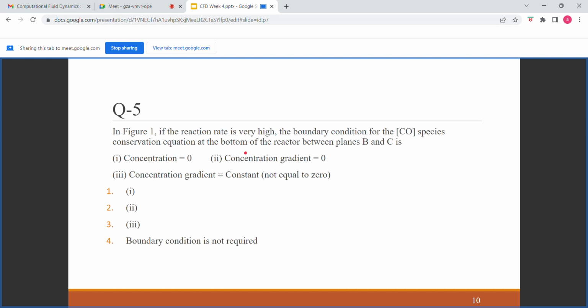Other things like concentration gradient is 0 or constant do not come into the picture, because at the bottom of the reactor between planes B and C the catalyst is present. So the boundary condition obviously does not come with carbon monoxide. So concentration is equal to 0. So the answer to this question is option 1.